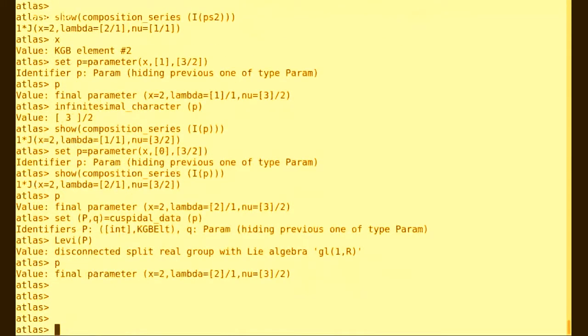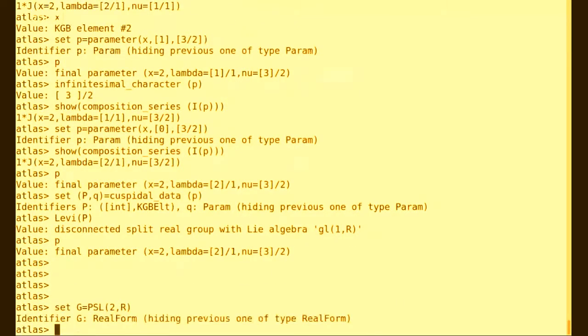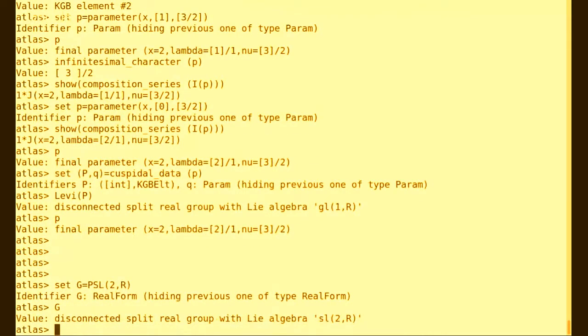Let's look at another example. Let's set G equal to PSL2R. First of all, what is G? G is a disconnected split real group with Lie algebra SL2R. Sometimes the notation is a little bit confusing.